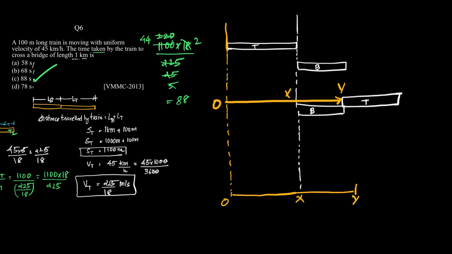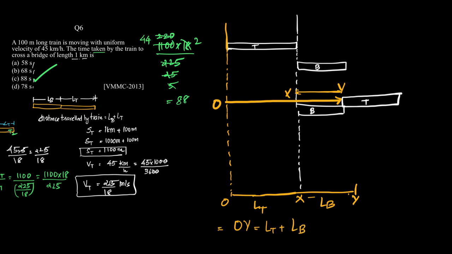Now what is OY? OY is OX plus XY. What is OX? OX is length of train. What is XY? XY is this value here, which corresponds to length of bridge. So OY is equal to LT plus LB.